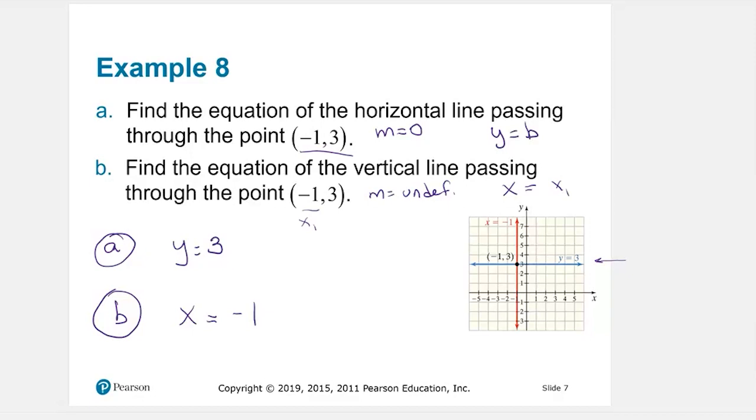So again, x equals -1 gives me the vertical line at the place where that point is, and y equals 3 gives me the horizontal line that goes through that point, the point I'm talking about, this one right here.